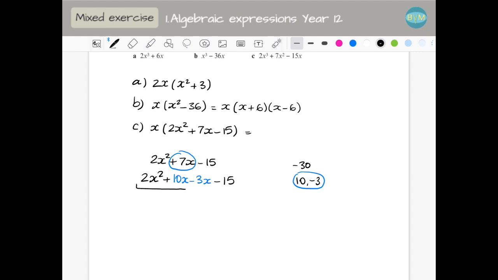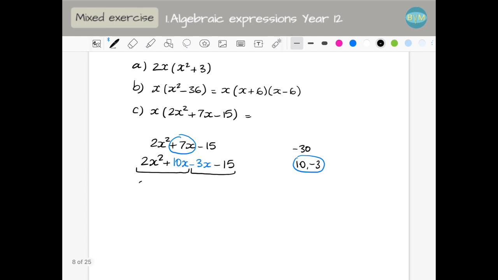And now we are going to factorize the first two terms and the second two terms. First two terms is 2x, factorize, I have x plus 5. And for the other two terms, I have 3. So I can get the 3 outside, the minus 3, and then I have x plus 5.